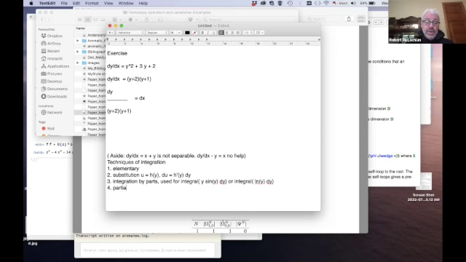And then the other one is partial fractions, which is for rational functions. Rational functions are one polynomial divided by another. So that is a good thing to remember. So how do we do that?